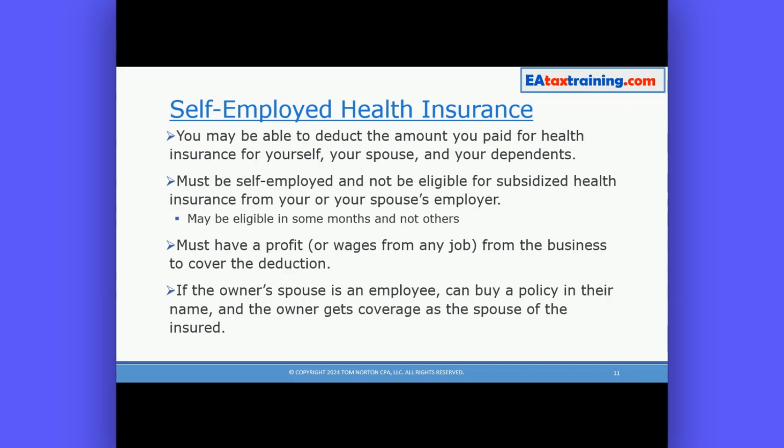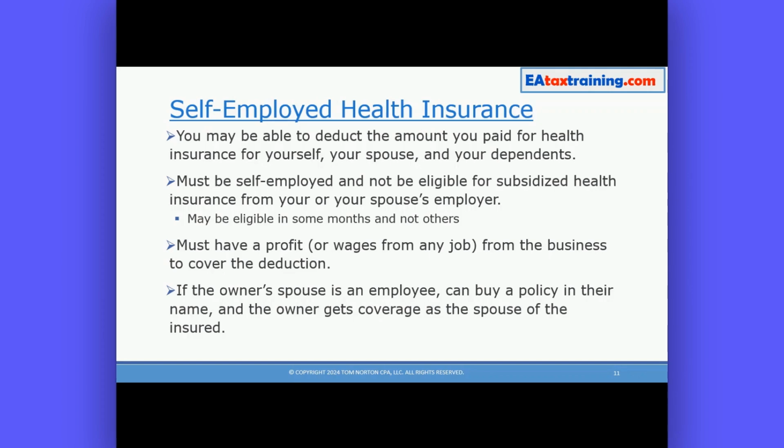Or if you are self-employed and this is all you do, your sole proprietorship, but your spouse is eligible for subsidized health insurance, even if you don't take advantage of it, if you're eligible for it, then you cannot take the self-employed health insurance deduction.